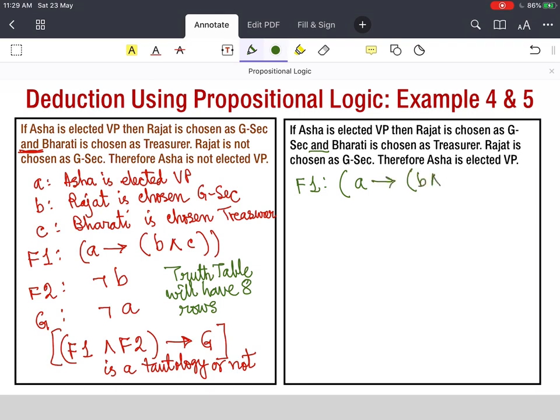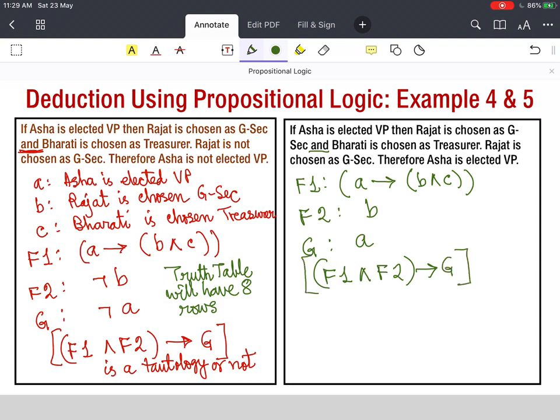So our F1 here in this case is the same as the previous one: A implies B and C. Our F2 in this case is Rajat is chosen as GSEC, which is B, and goal is Asha is elected VP, which is A. So here again we will want to prove whether F1 and F2 implies G is true under all interpretations.